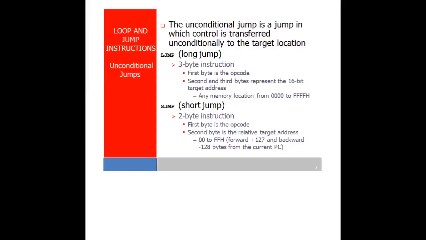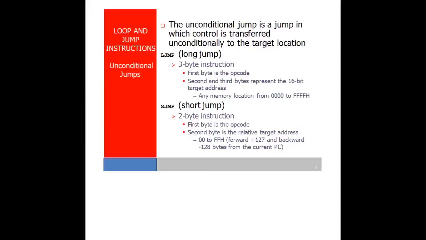Then the unconditional jump is also used in the 8051 microcontroller. An unconditional jump transfers control unconditionally to the target location. Two instructions are commonly used: the long jump, LJMP, and the short jump. The short jump was discussed in lesson 3, but the long jump is an unconditional jump.